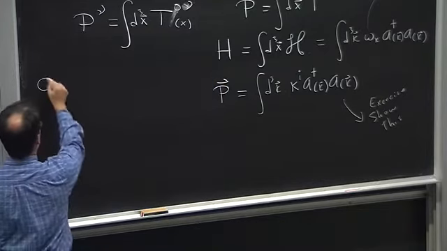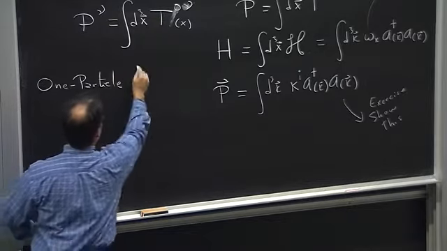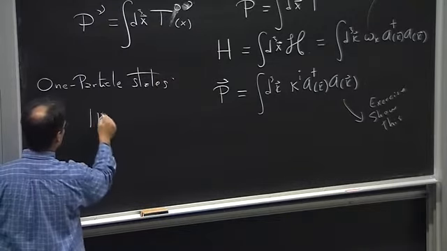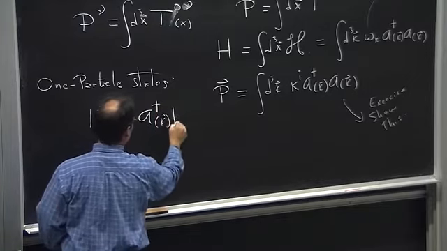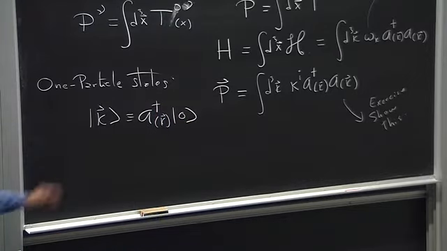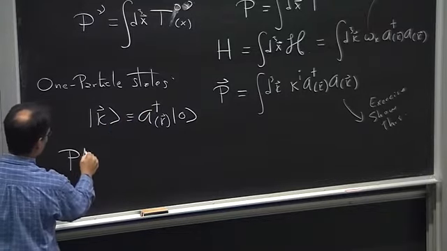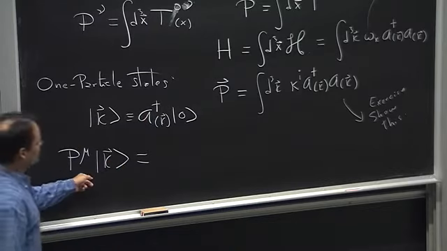Now, having an interpretation of what P is, we can go back to our one-particle states. Remember, we had our one-particle states, and they were defined as the creation operators acting on the vacuum. And now there is something interesting. We can apply the full momentum operator to the state k. And what do we get?